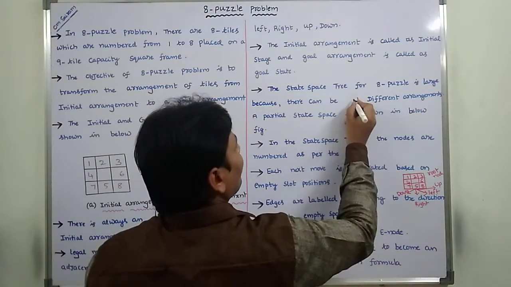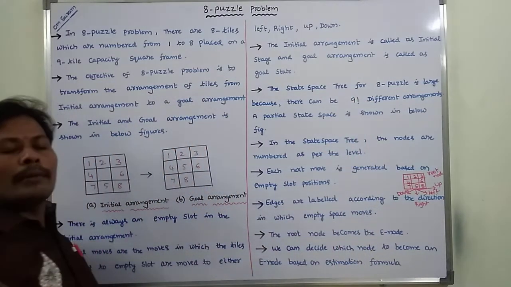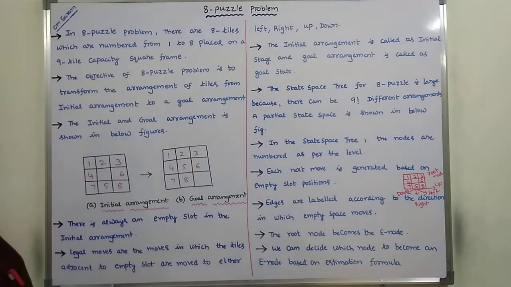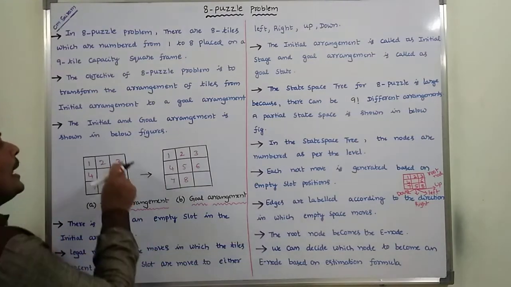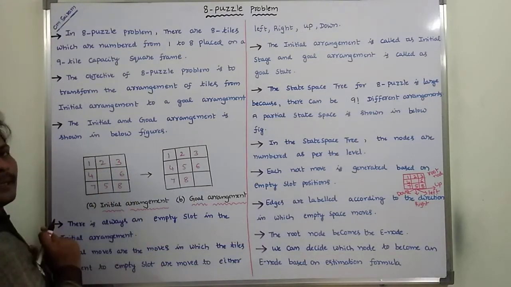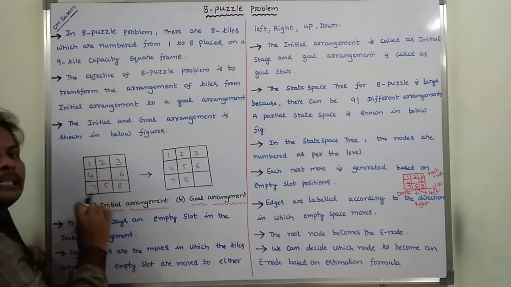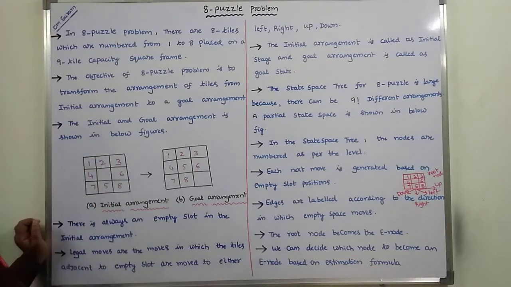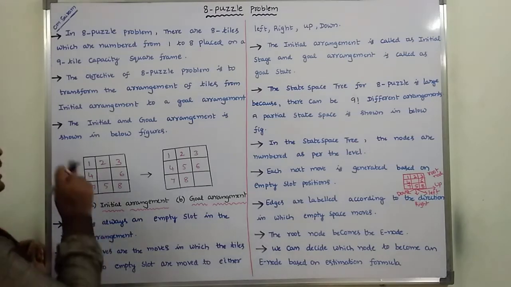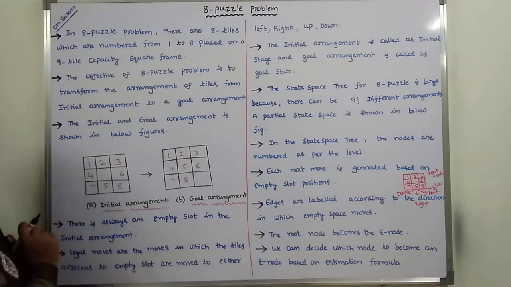The state space tree for the 8 puzzle problem is very large because of how many cells there are. How many tiles can the frame hold? It is a 9 tile capacity square frame. Here we have to place the first tile, second tile, third tile, fourth tile, fifth tile, sixth tile, seventh tile, and eighth tile.